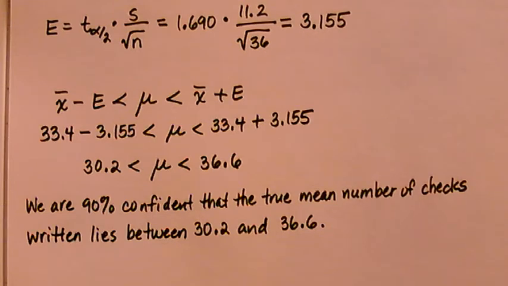And that's all you have to say on that particular interpretation of that confidence interval. We are 90% confident that the true mean number of checks written lies between 30.2 and 36.6.